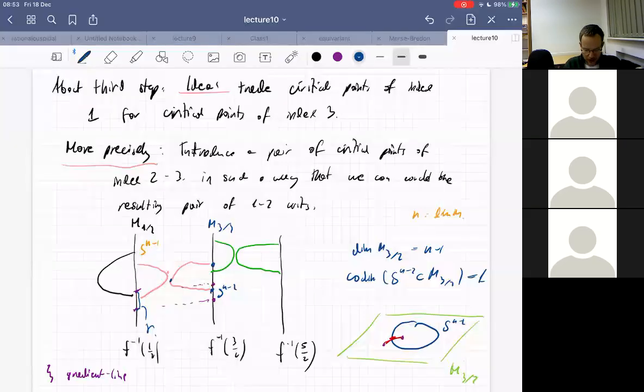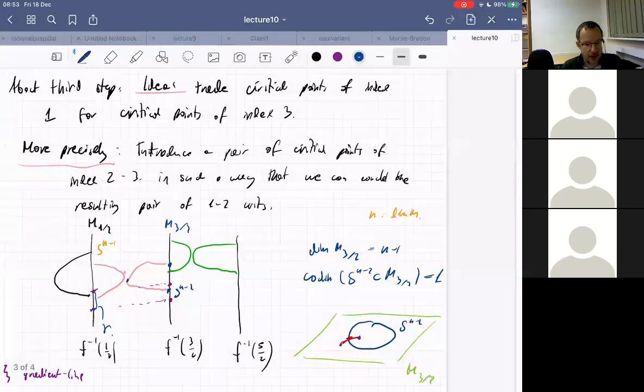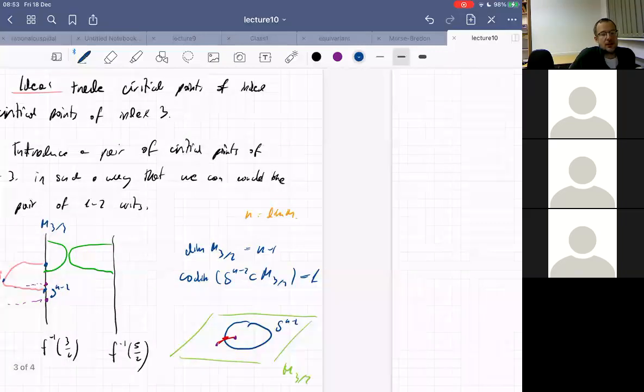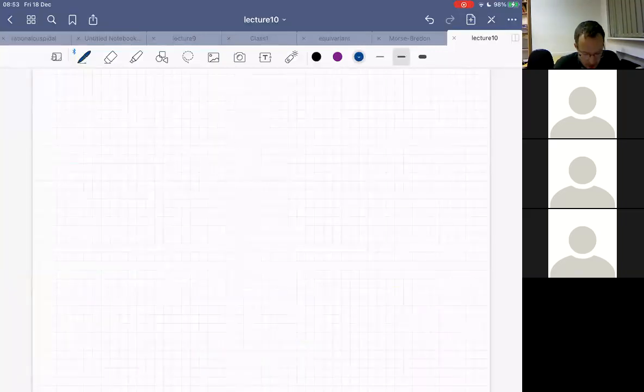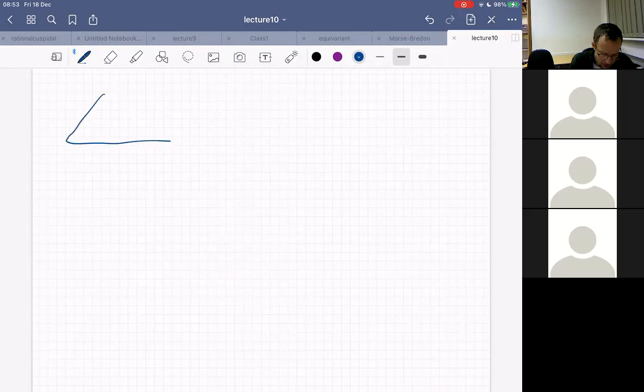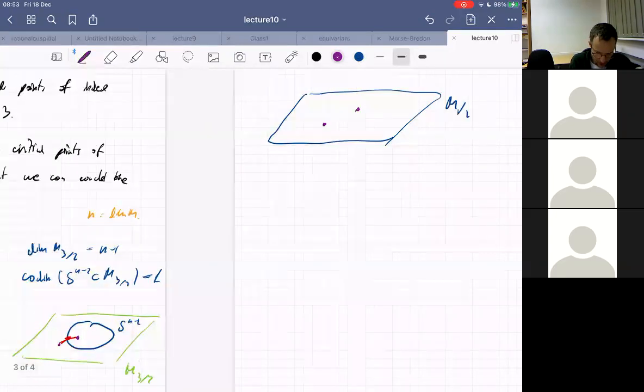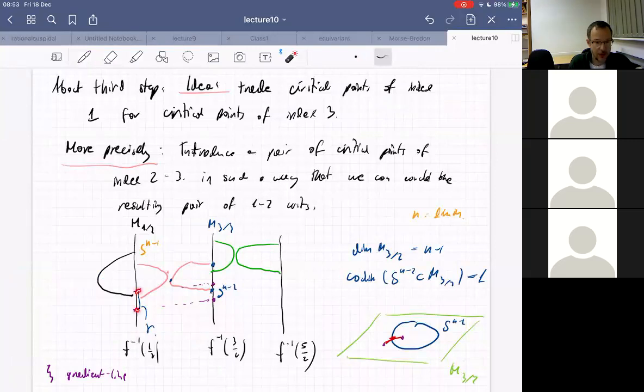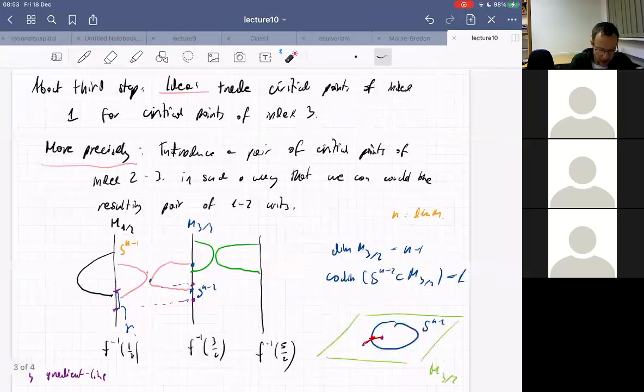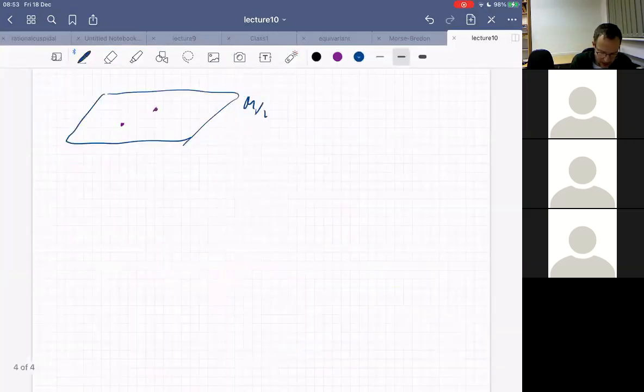We resume recording. So what is happening on M_{1/2}? We have these two purple endpoints, we have an arc gamma, but we have also the stable manifolds of index 1 critical points.